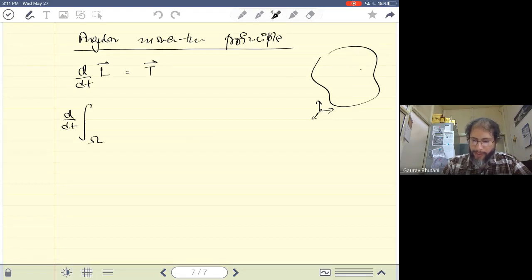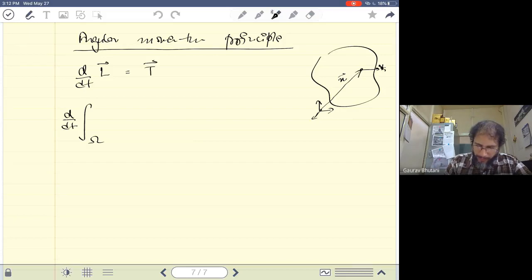For some point, the velocity field is given as, let's say, vi. So the angular momentum, because of this velocity at that point, is simply the cross product of the position vector x times p. So x cross p is what the angular momentum is.